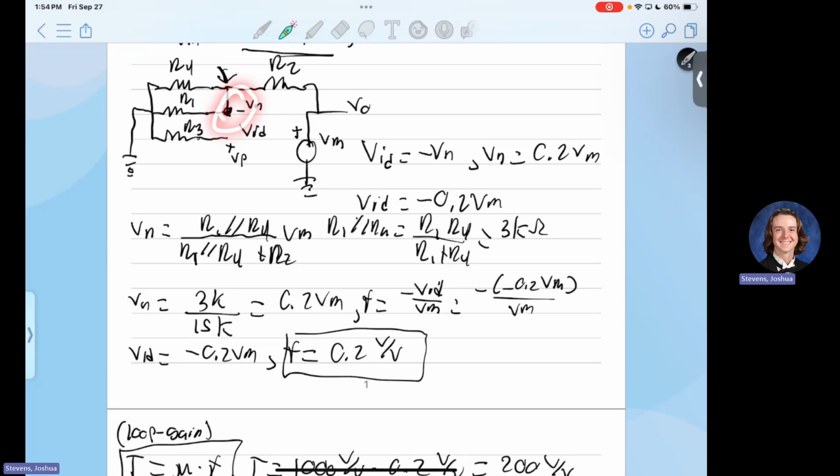So that is R1 in parallel with R4 over R1 in parallel with R4 plus R2. And that is all multiplied by Vm because voltage divider, you need voltage to get voltage. The only voltage we look for is Vm, and that is connected to R2 and all that stuff. That is the only voltage source we have in our circuit at the moment. Yeah.